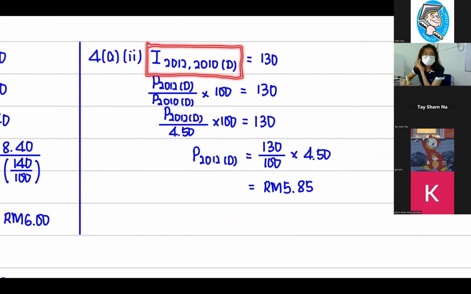From the table, you get 130. 你得到130. And in the question A part 2, you are given the price in 2010 is 4 ringgit and 50 cents, 4块半. And you find the price of item D in 2012.